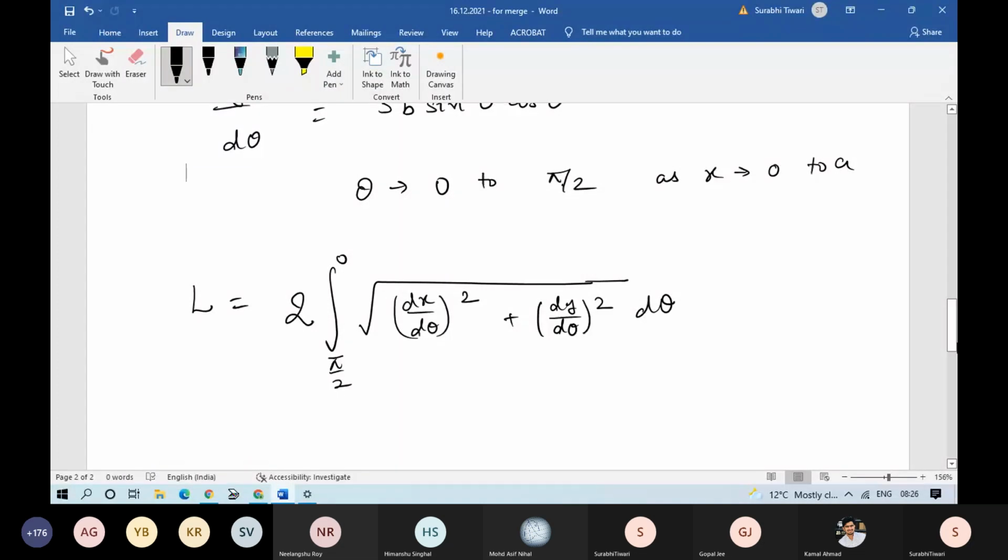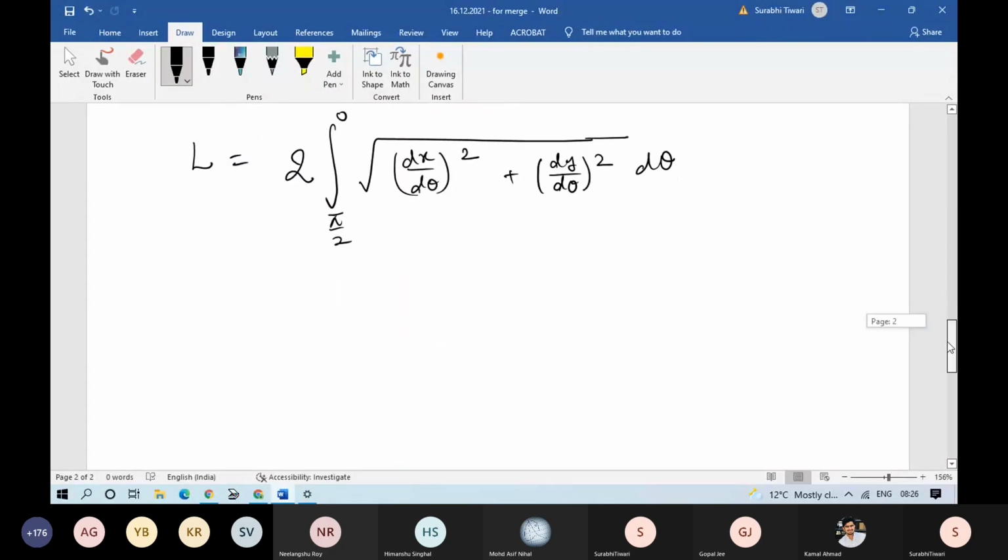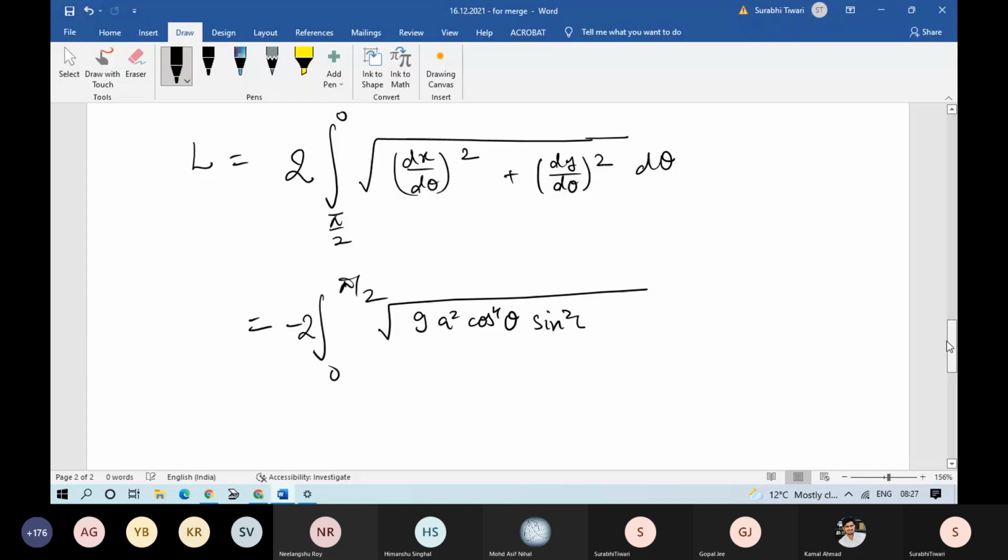Now you put all the values and calculate this integral. So this is minus, 0 to pi by 2, and 2, and you get under root of 9a square cos to the power 4 theta sin square theta plus b square sin to the power 4 theta cos square theta, d theta.